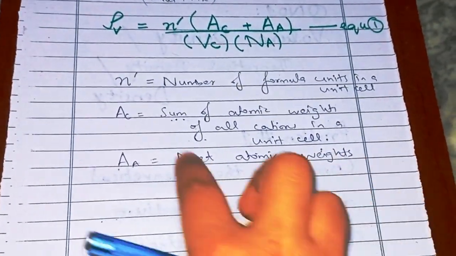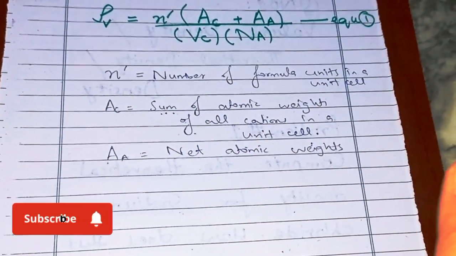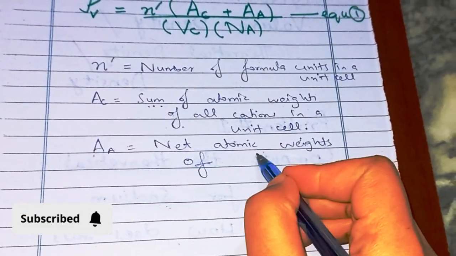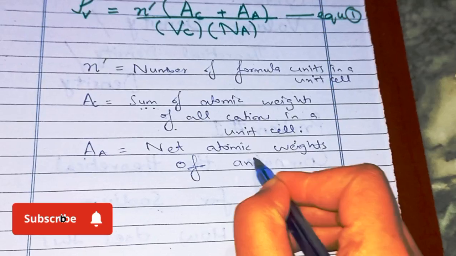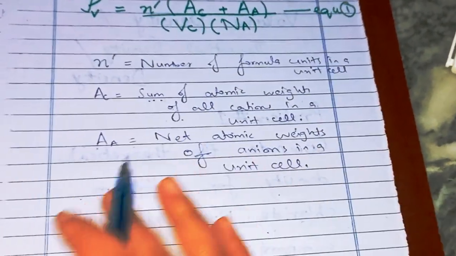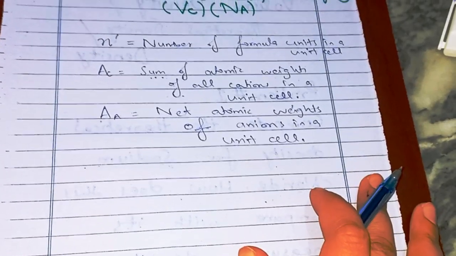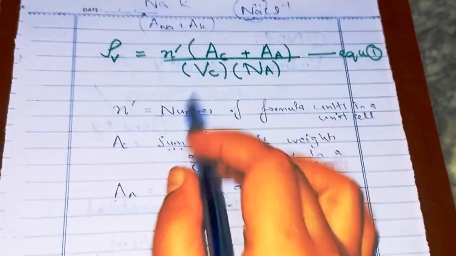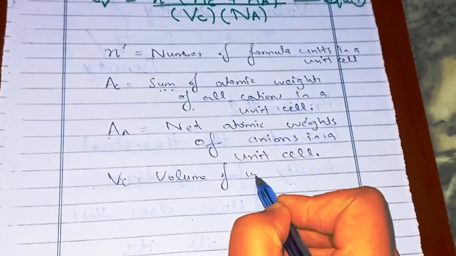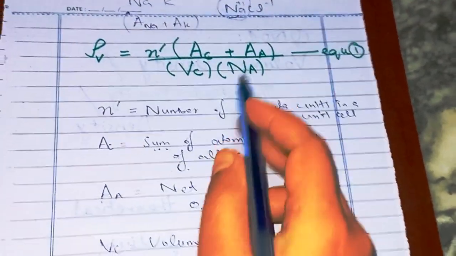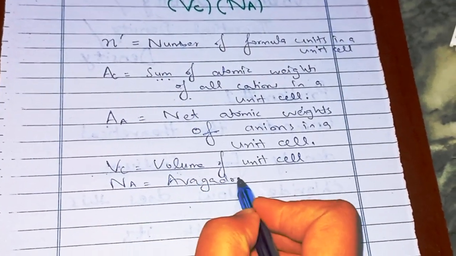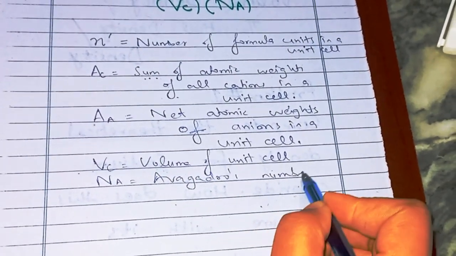That is why we say the sum of the atomic mass of all the cations and the net atomic weight of all the anions in a unit cell. Sodium chloride is the simplest one, in which we have one cation and one anion. Vc is the volume of the unit cell. NA is Avogadro's number.